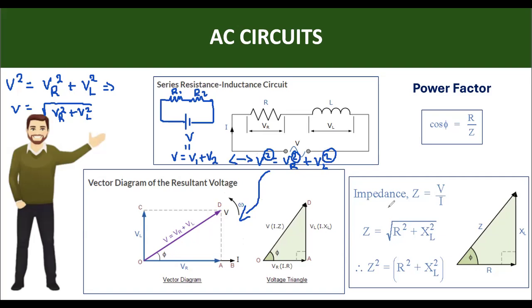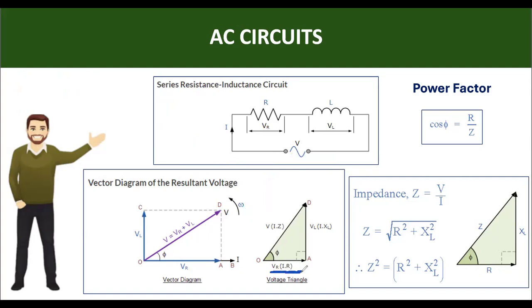Okay. Now, when we have to find the impedance of the circuit, we have this triangle now. This is the Z, this is the R, and here we have XL. So as you can realize, when I have the triangles, the horizontal axis refers to the resistor here and here.